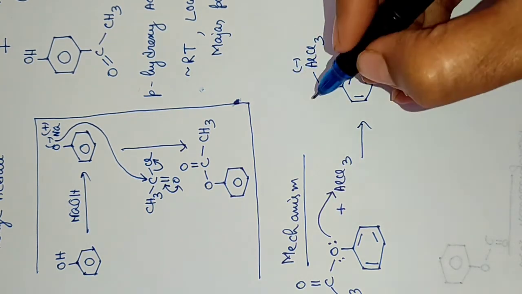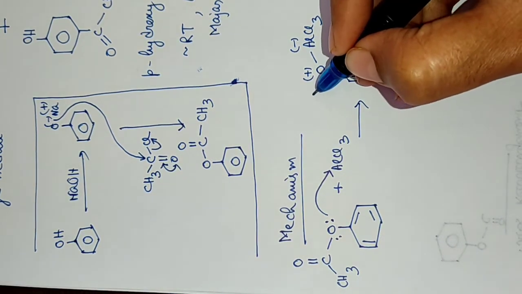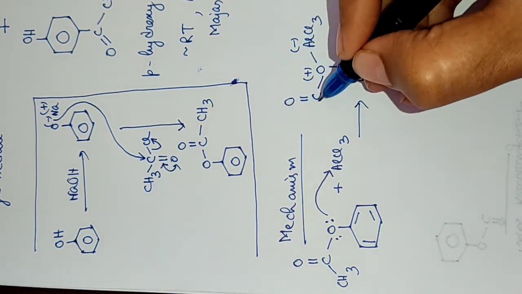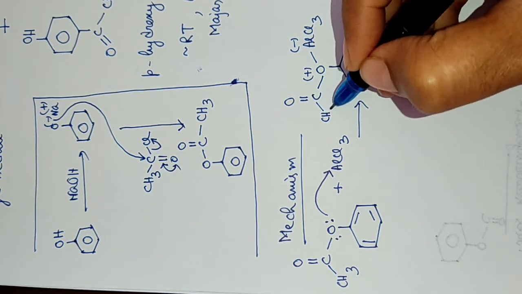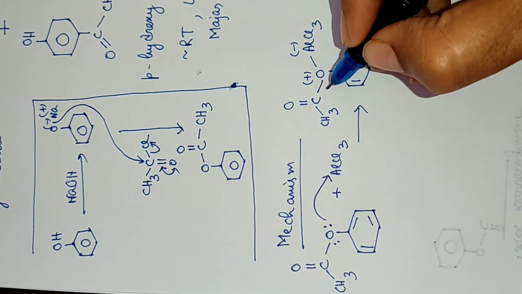Here it will be minus, it will be plus, and we have here COCH3. Now this plus will be neutralized by this bond.